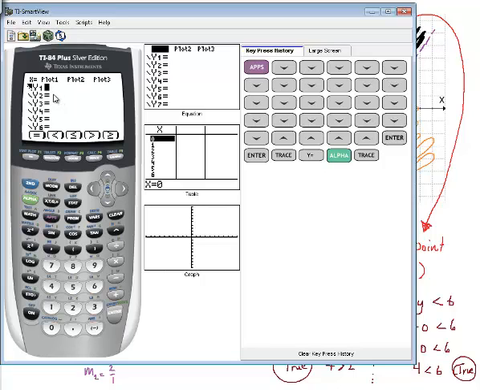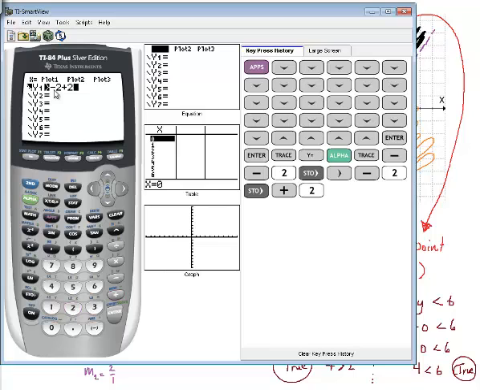And then you just type your equation. It's minus 2x plus 2, I believe we had for the first one.